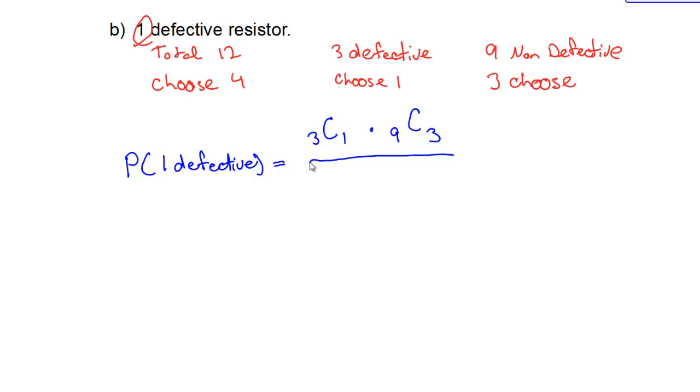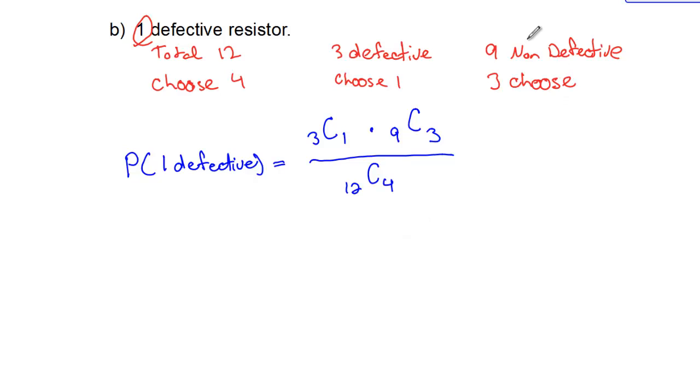Now on my denominator, I have a total of 12, and I'm going to choose a total of 4. Again, notice that my first numbers, 9 plus 3, add up to 12, and my last numbers, 1 plus 3, add up to 4. Very important.